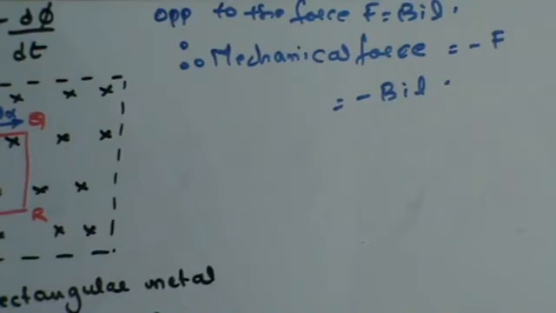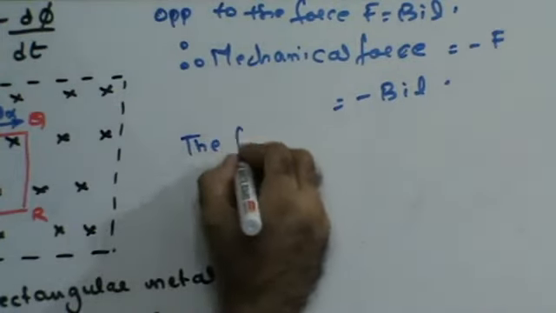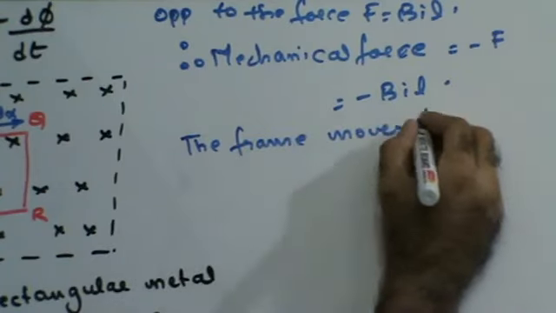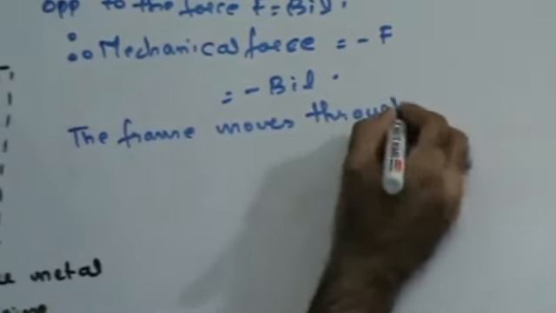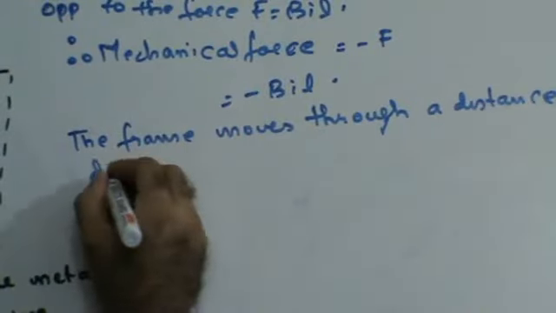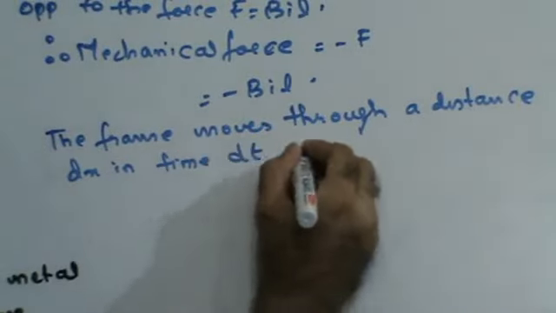Now, if the frame is going to move, it is going to move through some distance. There's some force, there's some distance. That means some work is going to be done, right? Let us assume that the frame moves through a distance dx in time dt.